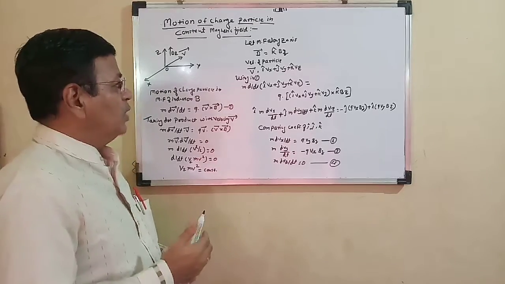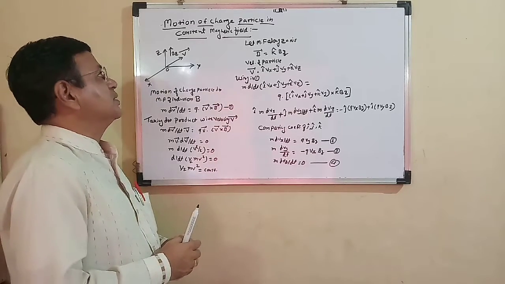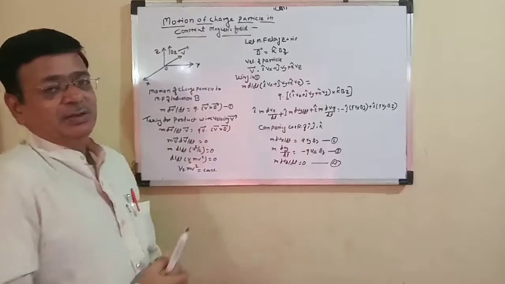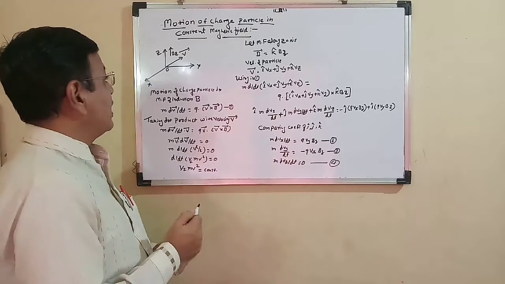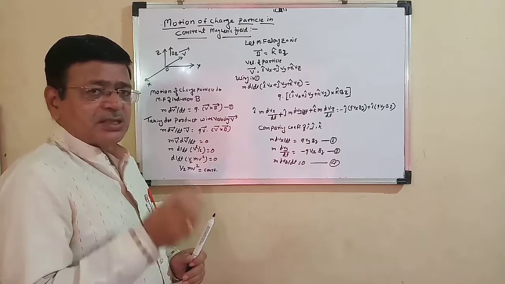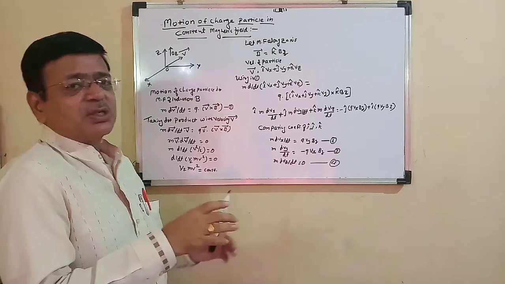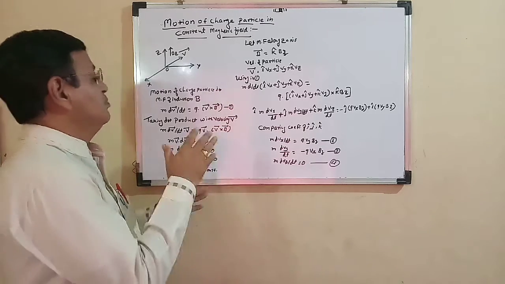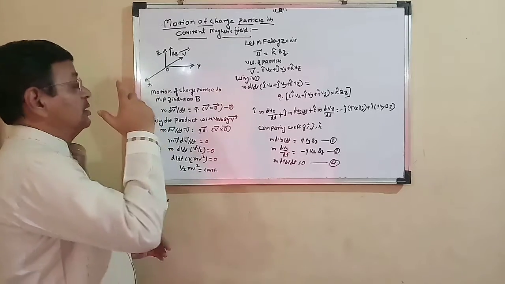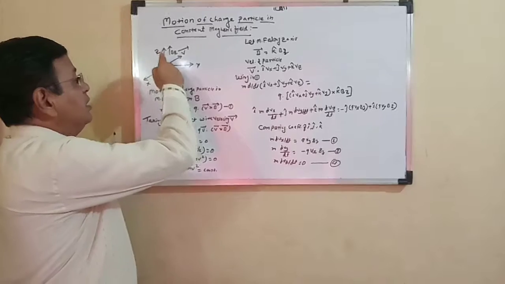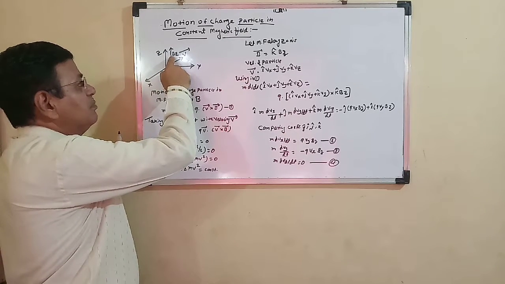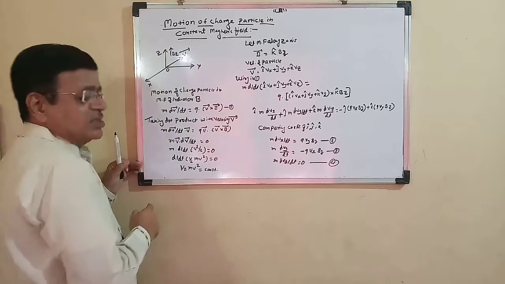Now we are proceeding towards our next point, that is, the motion of a charged particle in a constant magnetic field. So in a constant magnetic field, that means the particle is subjected to the influence of a constant magnetic field having induction B. For our convenience, we assume that the direction of the applied magnetic field of induction B is along the Z axis.